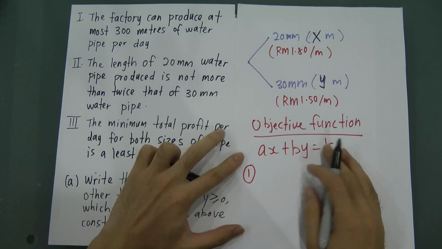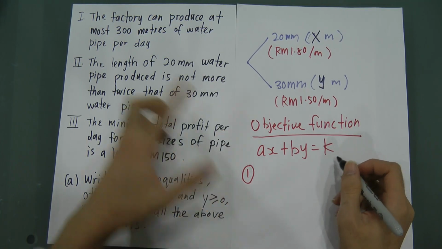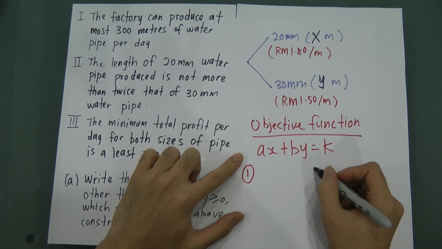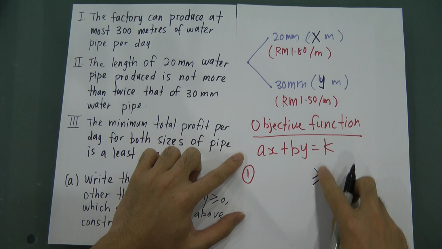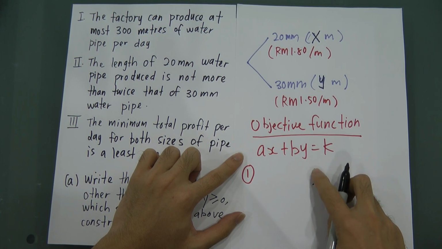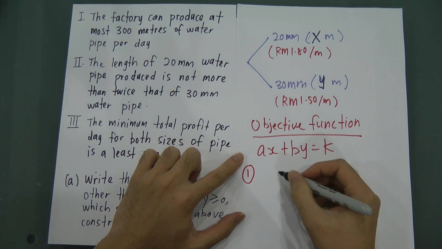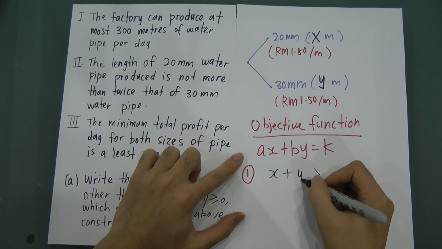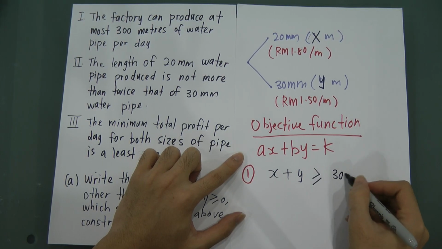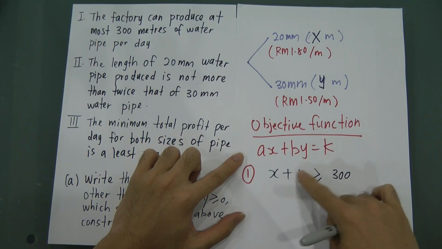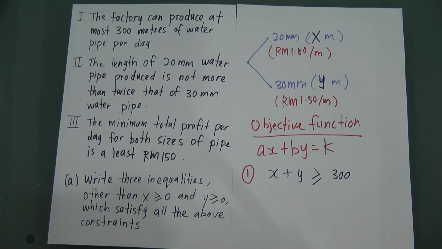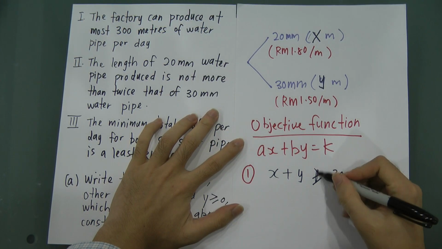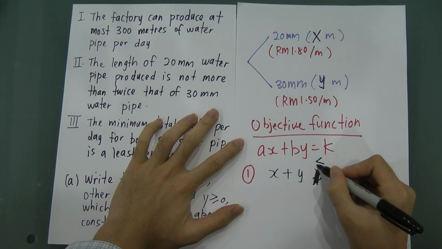So what is that symbol? When you see at most, you straight away write this symbol. Sorry, at most is not this one, at most is this one.